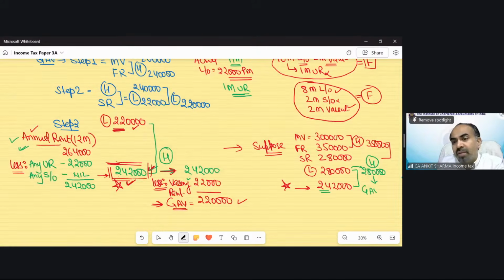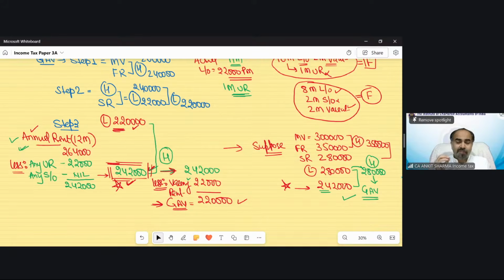This would directly become your gross annual value. So you can only claim the vacancy deduction if the annual rent value becomes higher in comparison to the government value. Then you have the right to reduce the vacancy rent. And after that, you will get the GAV.